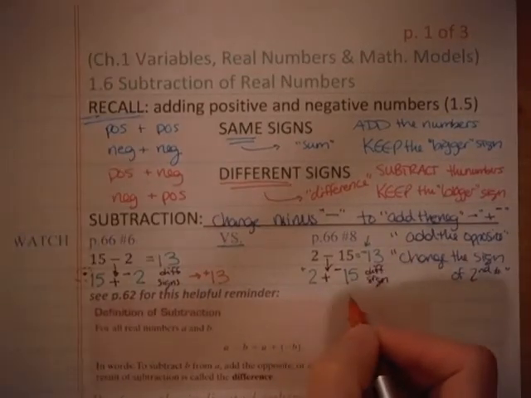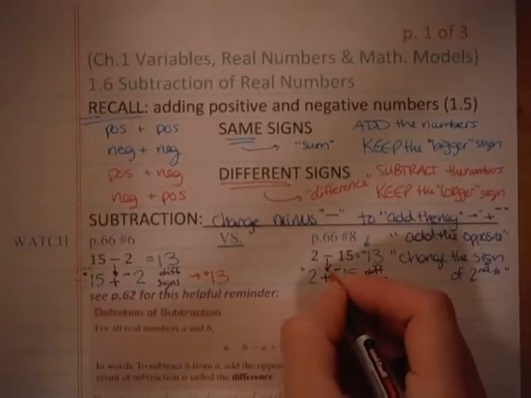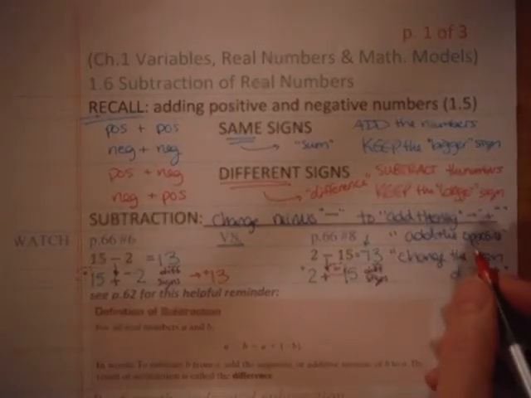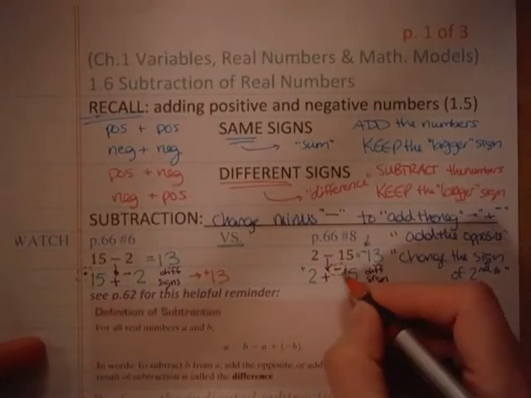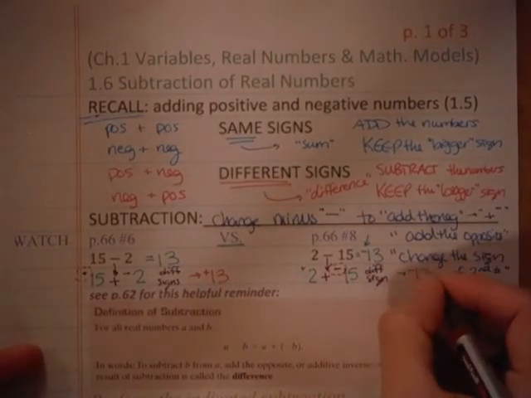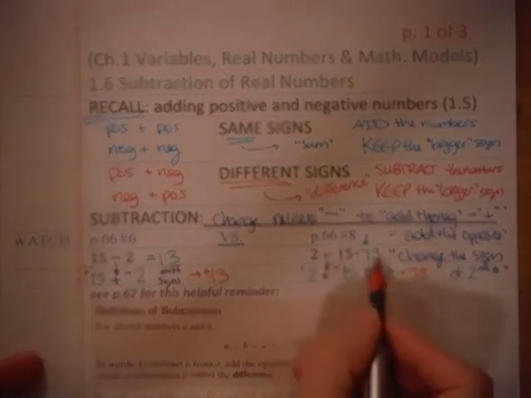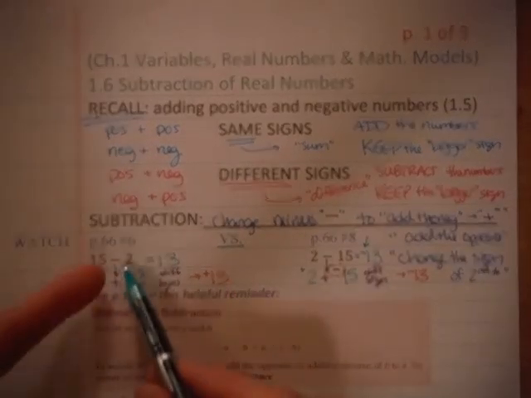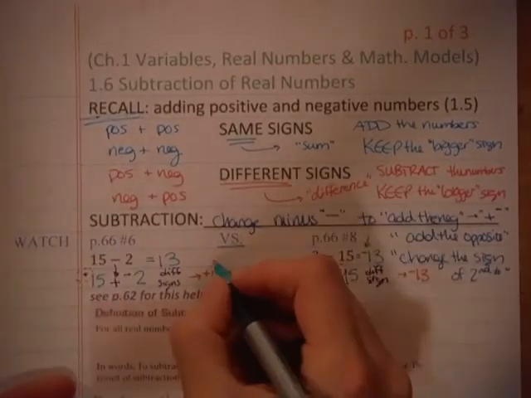You subtract 15 and 2, you get 13, and you keep that bigger sign. You would end up with a negative 13, which is what we expected, just using common sense.